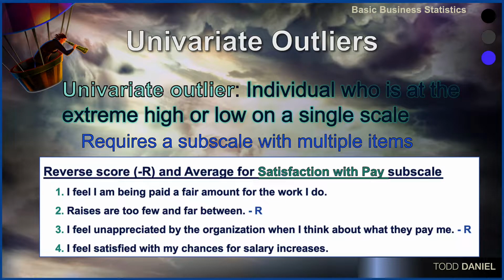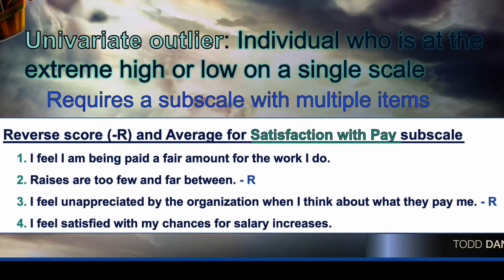This is a satisfaction with pay subscale. We see that there are 4 questions, each of which have a 1 to 6 answer option. The first question, I feel I am being paid a fair amount for the work that I do. The second, raises are too few and far between. This question is the opposite direction of the first question, meaning that we would reverse score it before we added up the values and divided by 4.